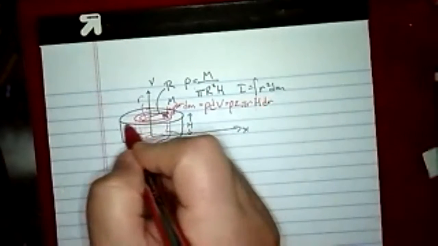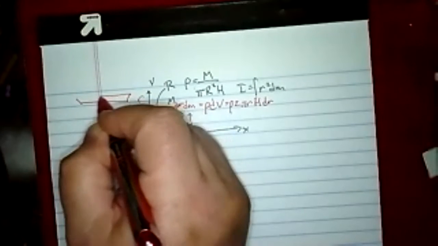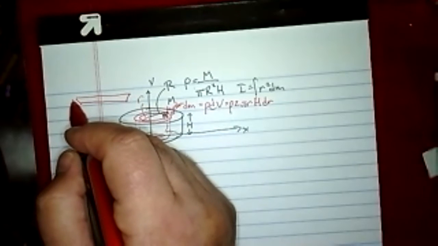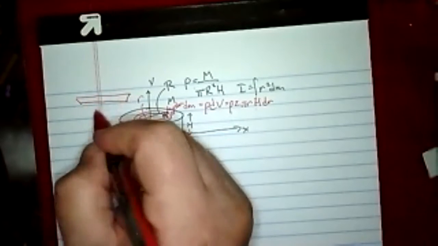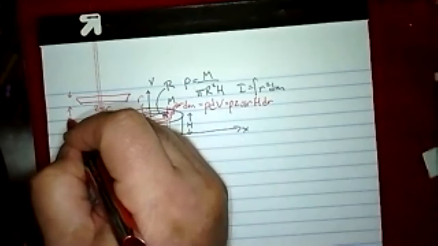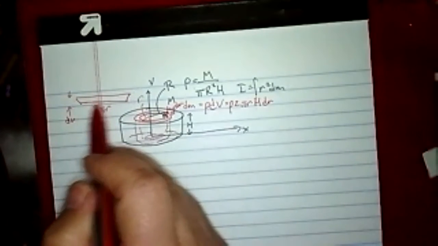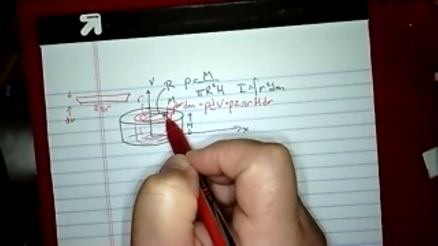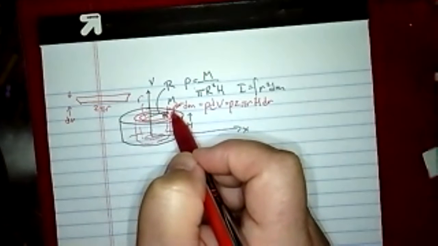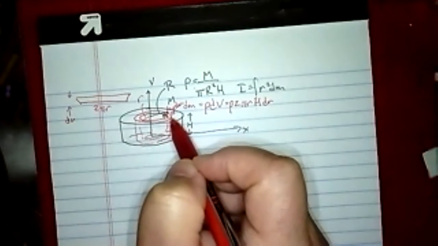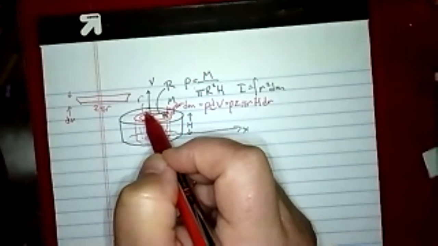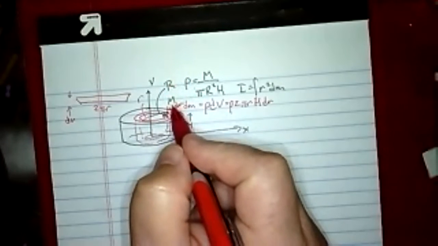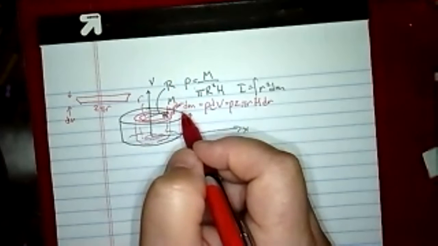Now, in reality, if I actually cut this rectangle, I'd see that it's not a rectangle. It would be shaped like that because the outer part is just slightly longer. Remember, it's 2 pi r along here, but the width right here is dr. So it's not exactly correct, but if you worked out the math, you'd calculate pi r squared h for the inner side and subtract it from the outer part, pi times (r plus dr) squared times h.